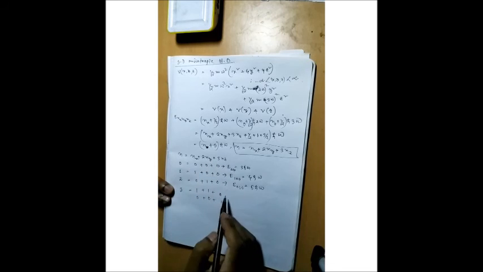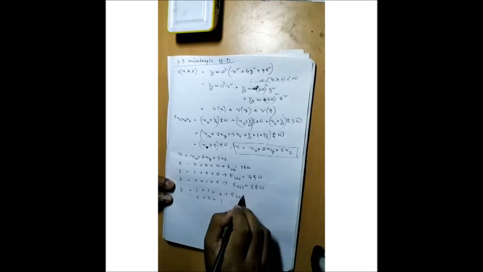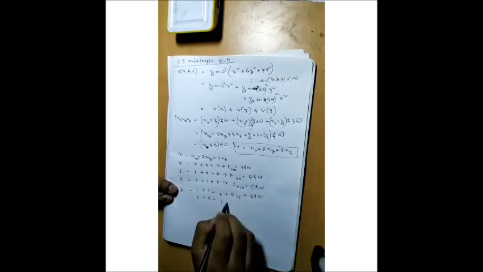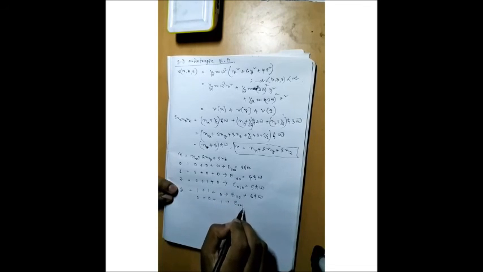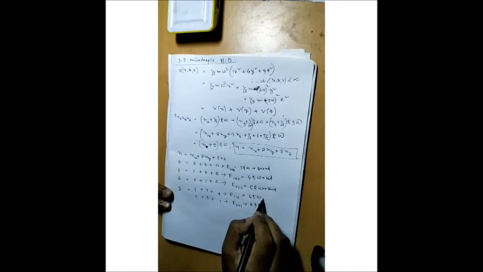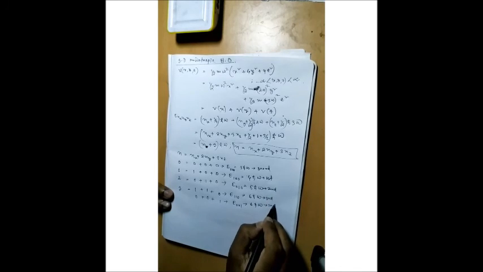No, I cannot write. So for this, that means E110, this is 6 h cut omega, and E001, this is 6 h cut omega. Now you can easily recognize this is the ground state energy, this is your first excited state energy, this is your second excited state energy, and this is your third excited state energy.